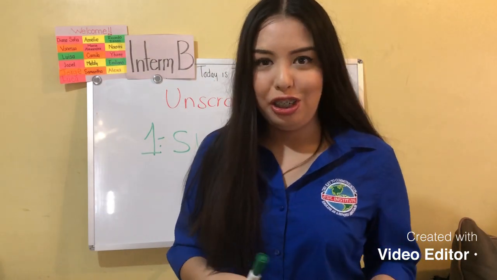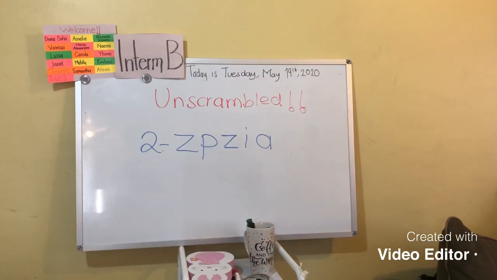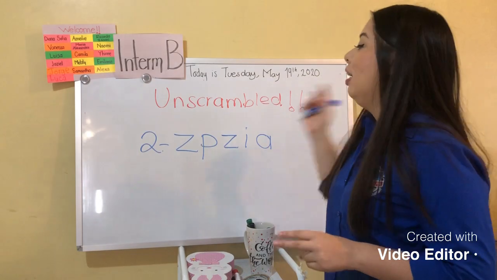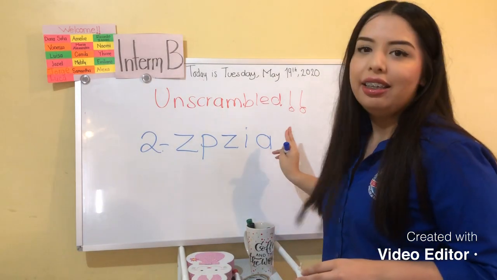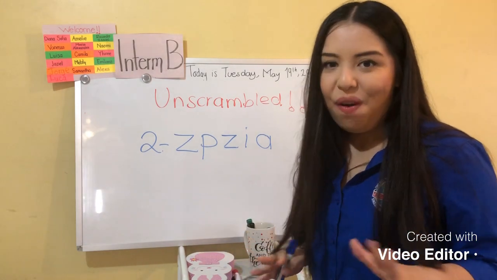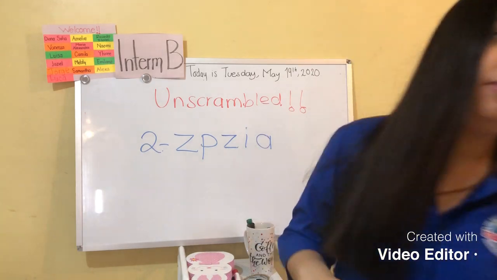Now we're gonna continue with the number 2. Excellent, guys. So this is the number 2. Z-P-C-I-A. So right now you are going to unscramble this word. Go.